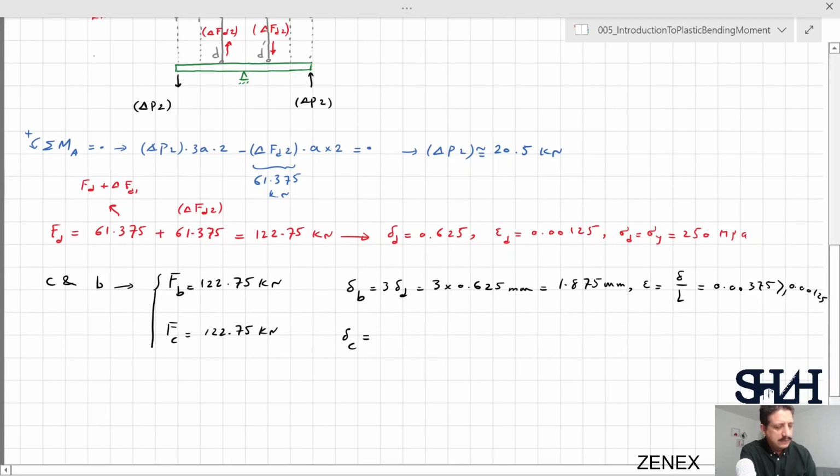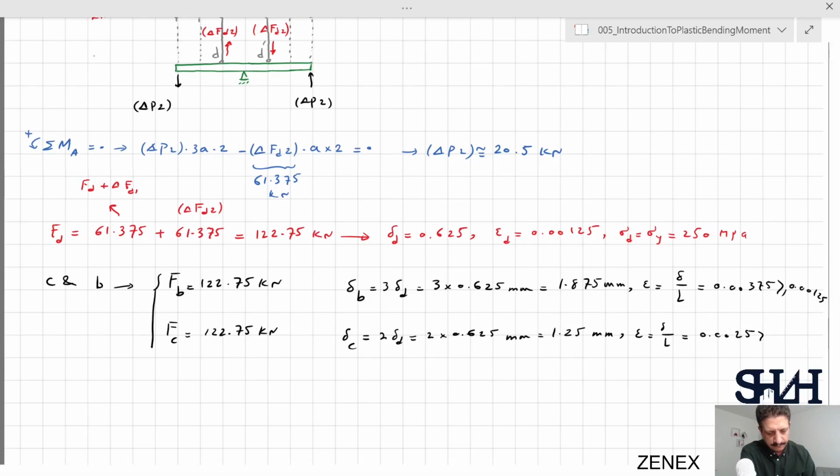Also, delta C from the set of equations, 2 times delta D, 2 times 0.625 millimeters, will be 1.25 millimeter, and epsilon is delta divided by L, so it is 0.0025, which is greater than yielding strain.